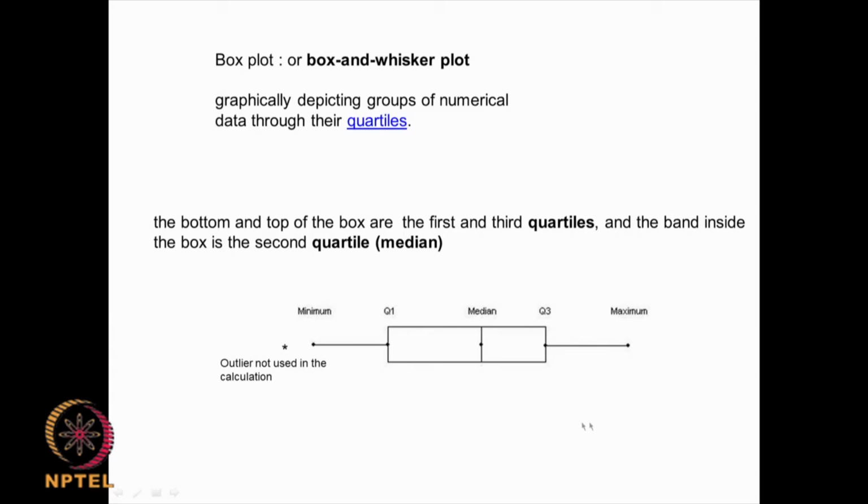So, if I have 2-3 data sets, we can draw this box and whisker plot and see how these rectangles are. Are the rectangles very big or very small? These are called whiskers. So, how the whiskers are spread and so on, that is called a box and whisker plot. Okay.